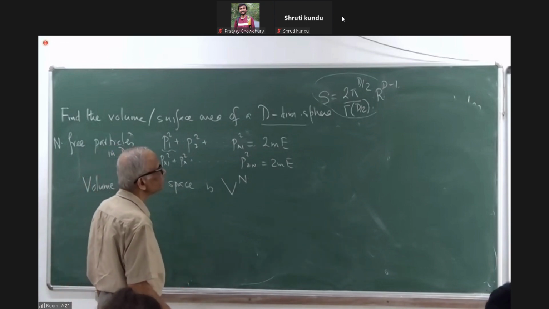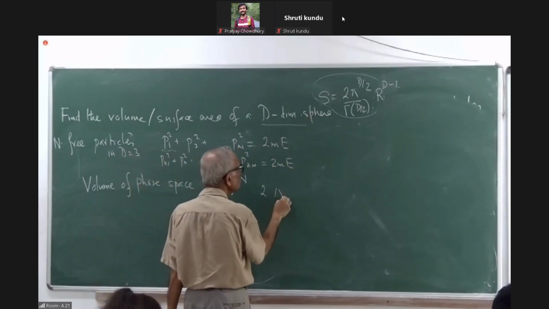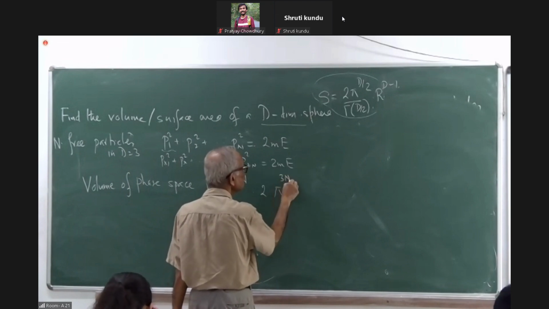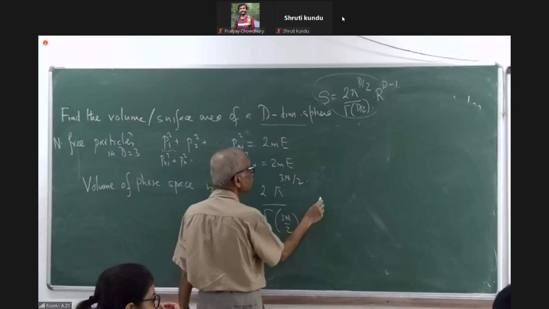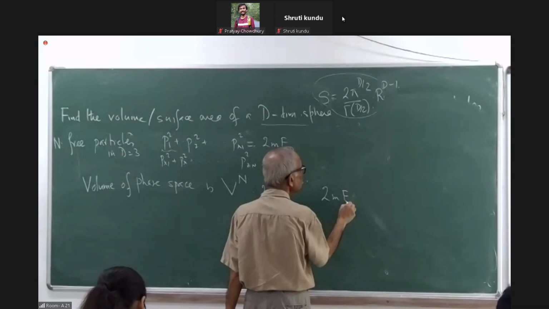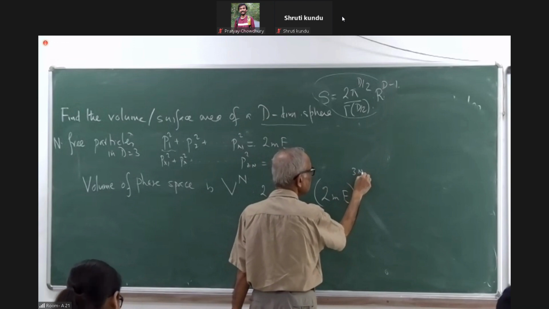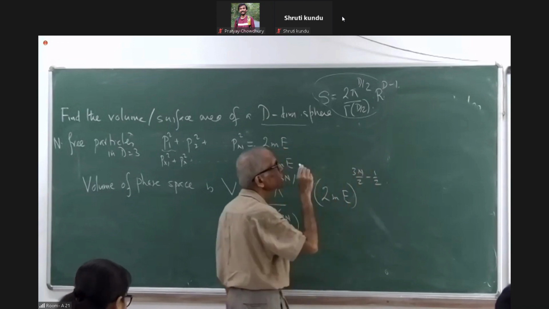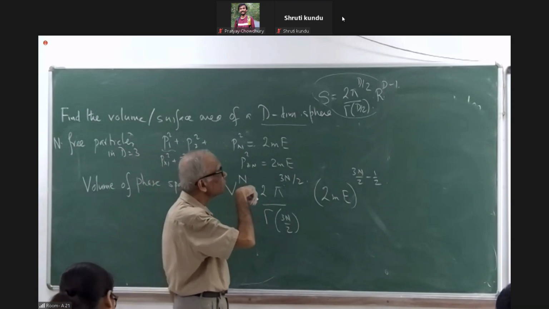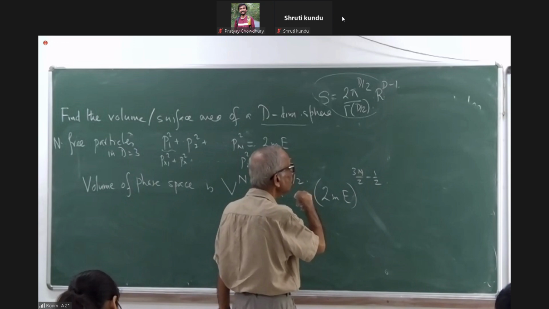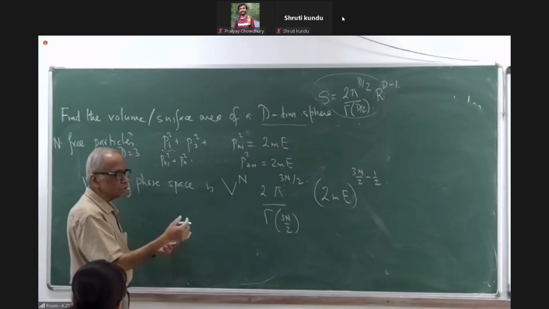So you need the surface area of this 3N dimensional sphere. The surface area is going to be given by 2 pi to the power 3N by 2, over gamma 3N by 2, times 2mE to the power 3N minus 1 divided by 2.